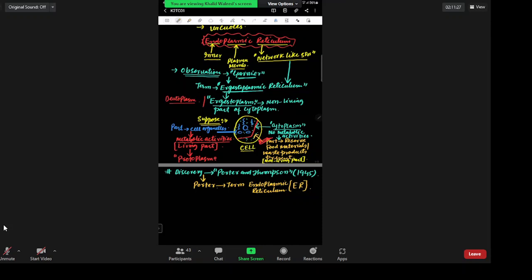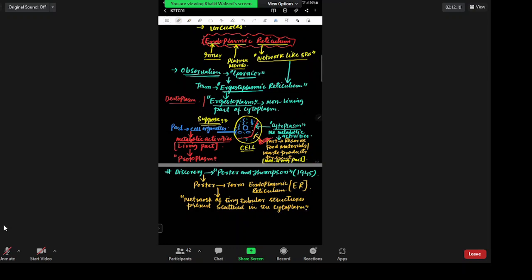for a fine network of tiny tubular structures which are present scattered in the cytoplasm. तो एक्चुअल में एंडोप्लाज्मिक रेटिकुलम क्या है?